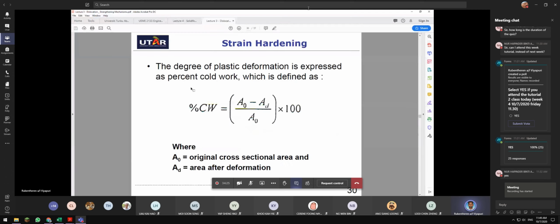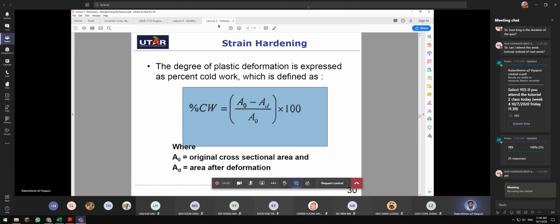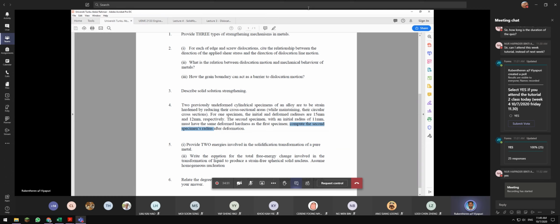First find the percentage of cold working for the first specimen, and then find the final radius for the second specimen. Try to do it now. I'll give you 5 minutes.